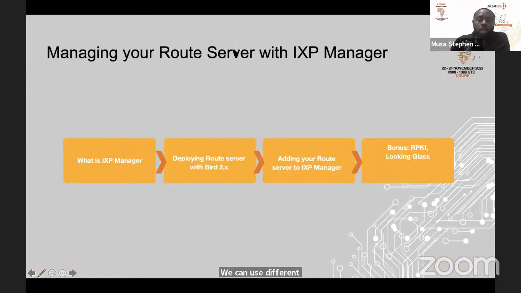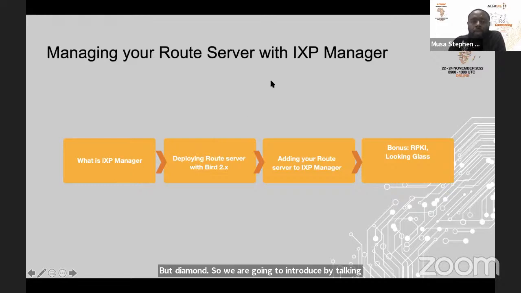So this is going to be a very short presentation, and we are going to have a demo on installing a route server using BIRD, the BIRD daemon. So we are going to introduce by talking about the ISP Manager. What is ISP Manager? What you can expect ISP Manager to do for you.